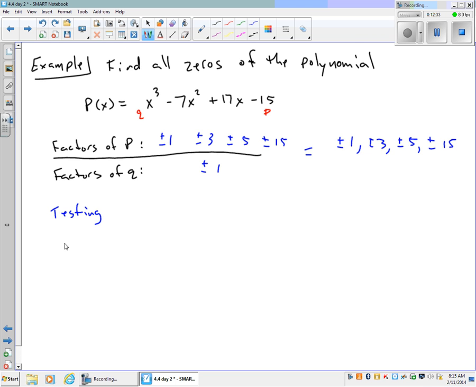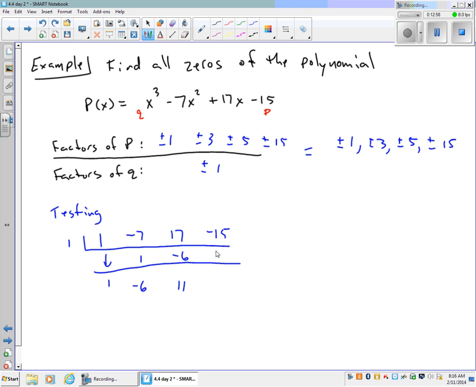So let's go ahead and do my testing. I'm going to try 1 first. I like to start with the lower positive whole numbers. And my coefficients on the polynomial are 1, negative 7, 17, and negative 15. So I'm going to bring down the 1. 1 times 1 is 1. Add down, I get negative 6. Times the negative 6, I get 11.